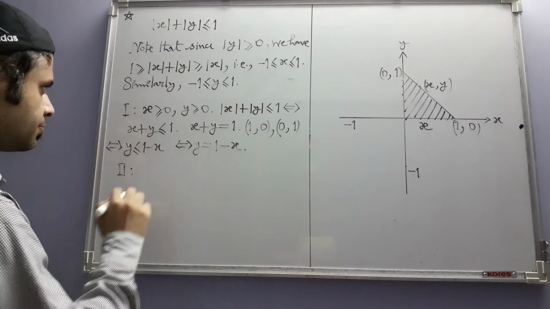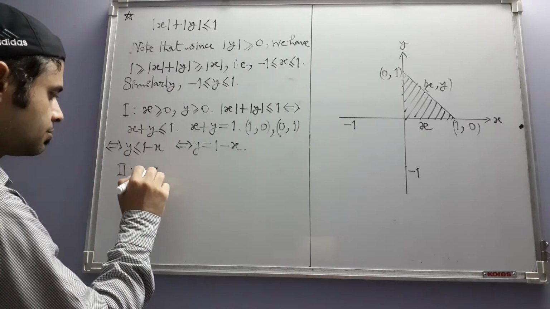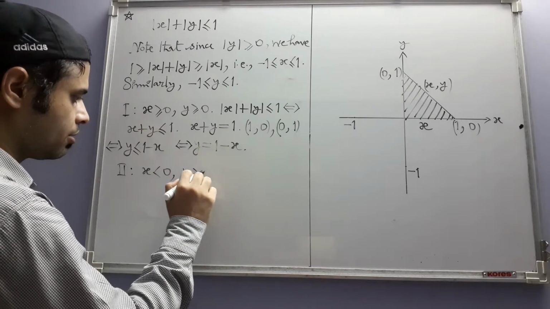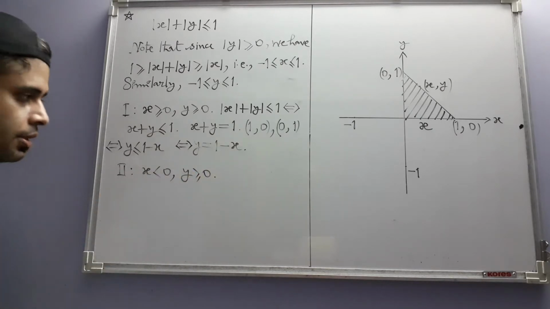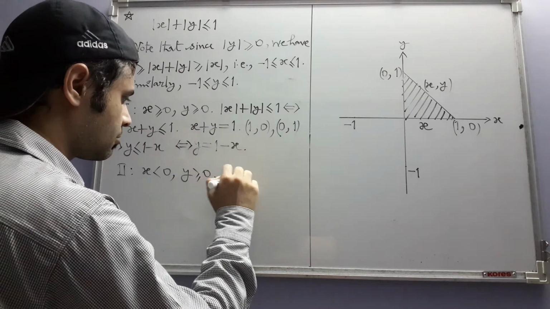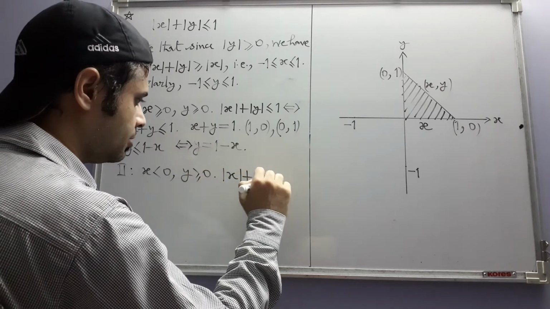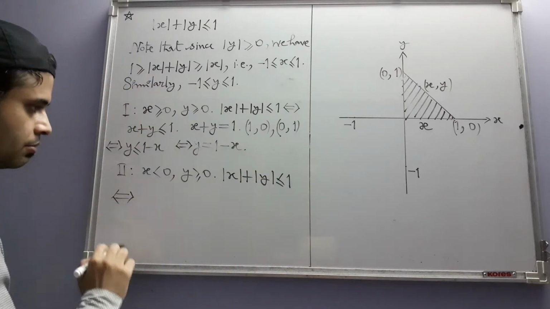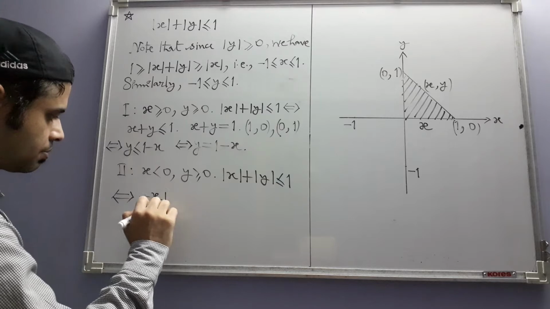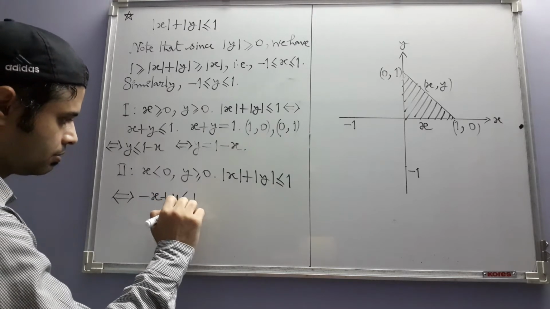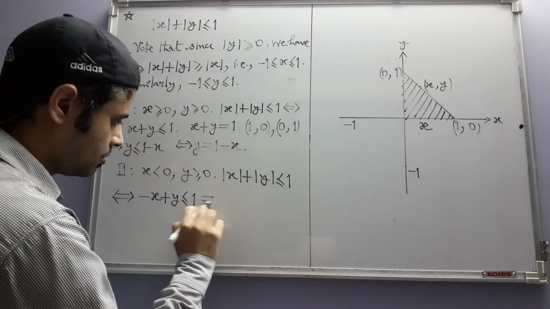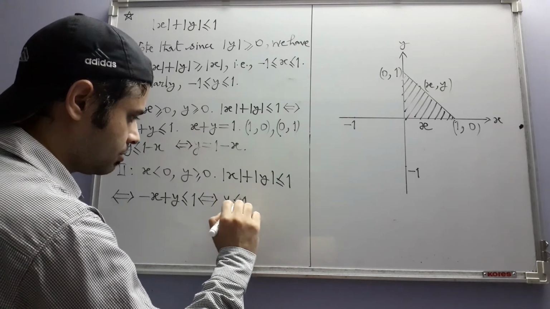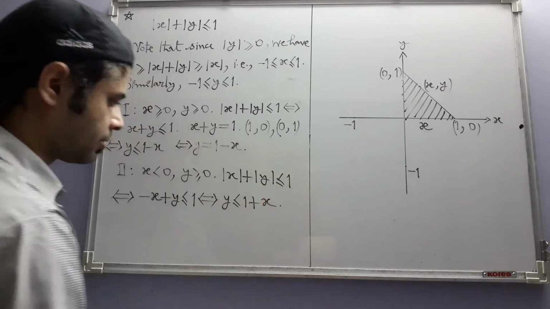Number 2, say this case considers a negative x but non-negative y. In this case, the given inequality becomes minus x plus y less than or equal to 1, or y less than or equal to 1 plus x.